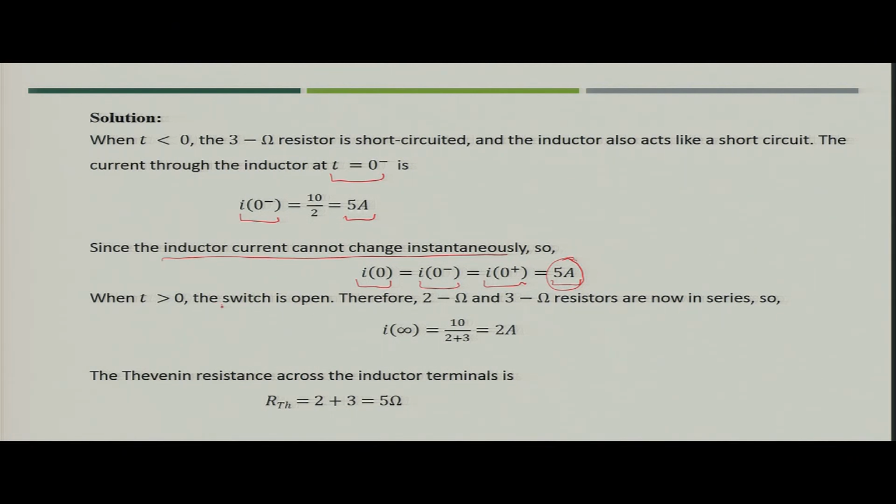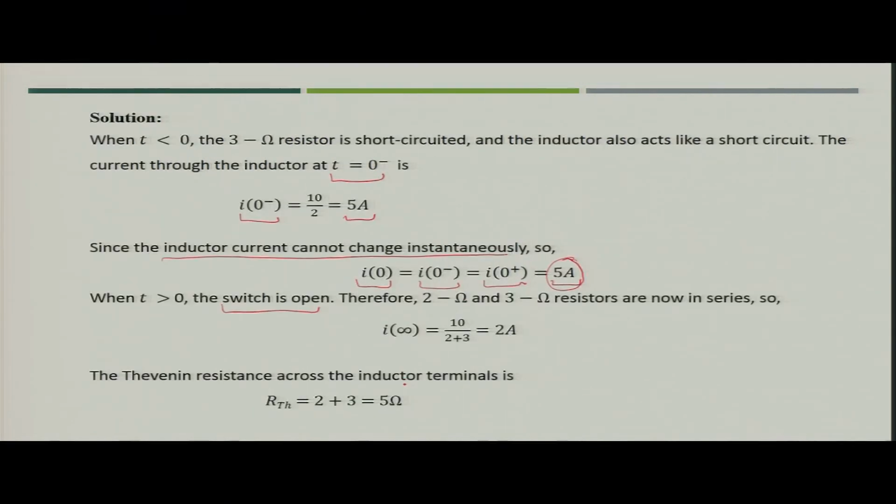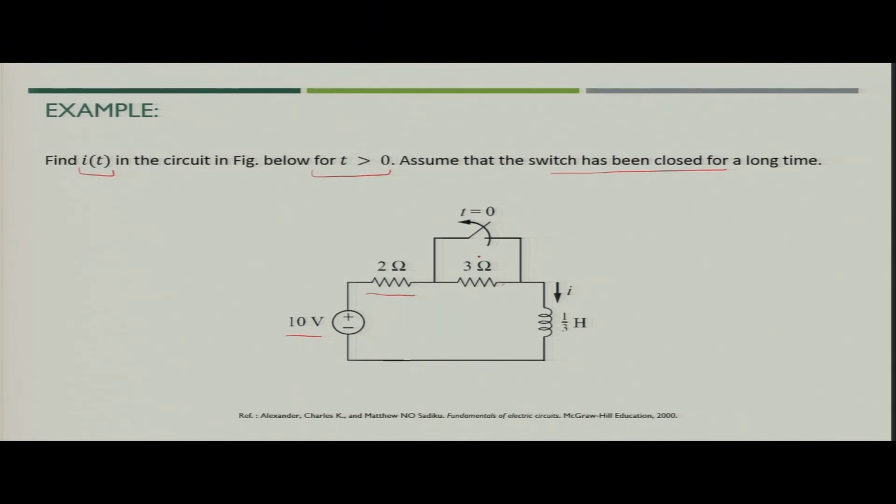Now, when the switch is open, the 2 ohm and 3 ohm resistances would be in series. What would be the current I infinity, at time t tending to infinity?